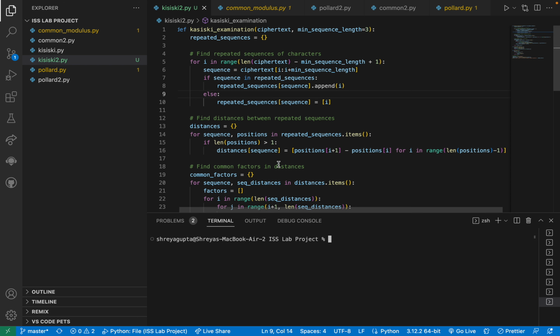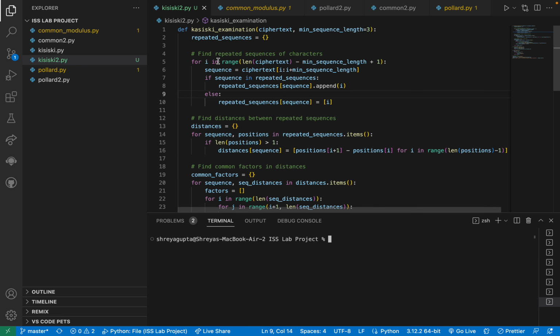So let's go through the code once. This function takes ciphertext and optionally a minimum sequence length. It finds the repeated sequences of characters and determines the common factors among these distances.